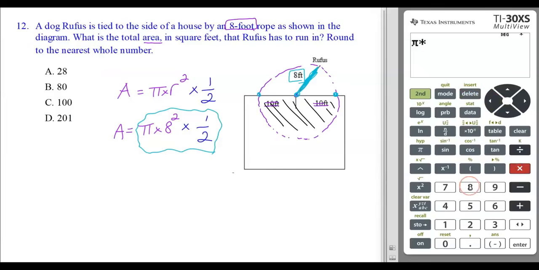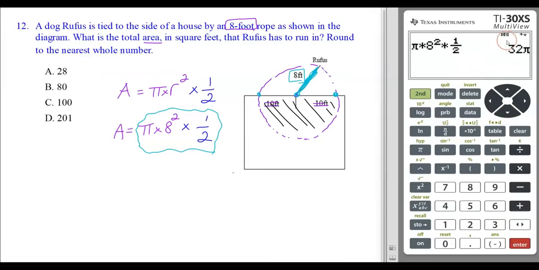Eight squared, 8 squared is right here. Times 1/2. I'm just going to use my fraction button here. Just hit this, and we'll put the 1 here, hit your down arrow, 2, and just hit enter.